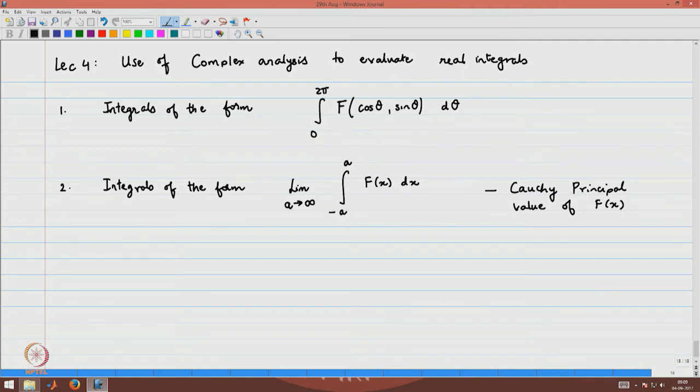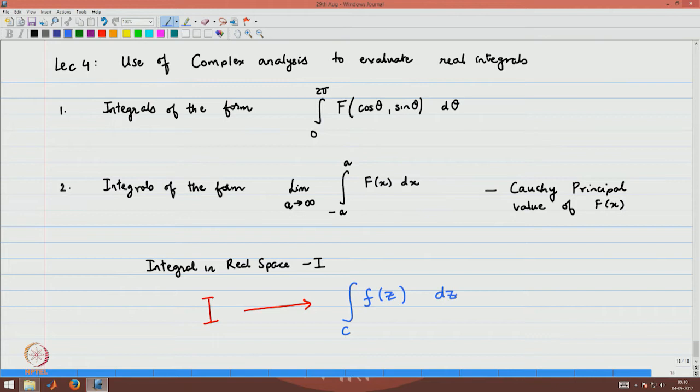The idea is that you take your integral, suppose I call the integral in real space I. You take your I and you convert it to an integral f of z dz over some contour.